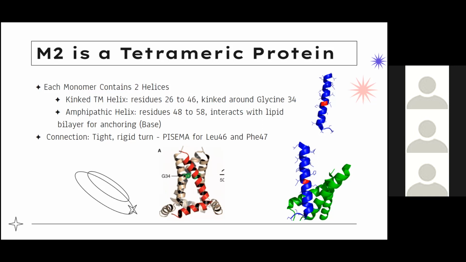And there was a confirmed tight rigid turn between these two due to the PISEMA NMR of leucine 46 and phenylalanine 47 being very different and belonging to characteristics of their respective helix, which showed that there was a sudden change. So there's most likely a very rapid turn.